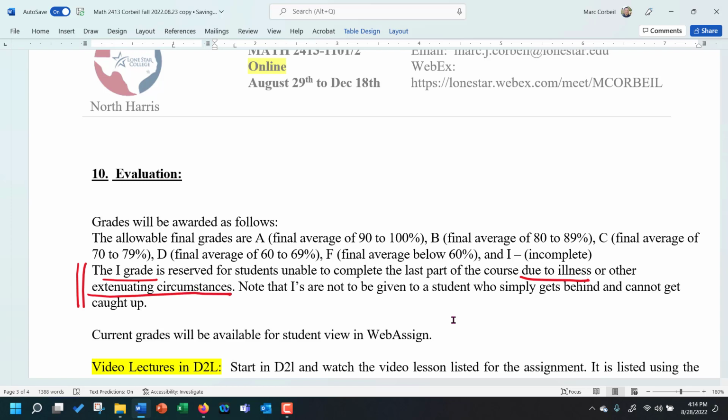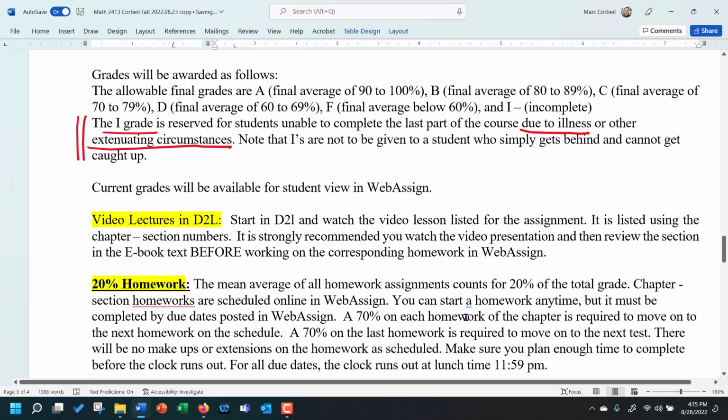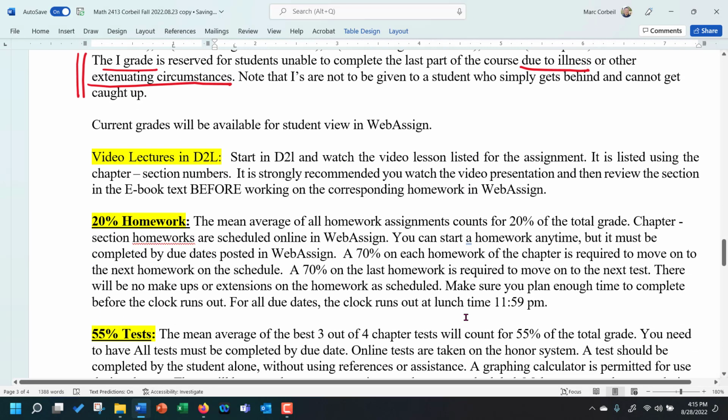That is not for people who fell behind. This is people who cannot continue to move in the course. So if you fall behind, that's not considered an I grade. Okay, you have to document the circumstances and all of that. So keep that in mind. We're going to go fast and furious through this course, so we can't just be using that excuse.